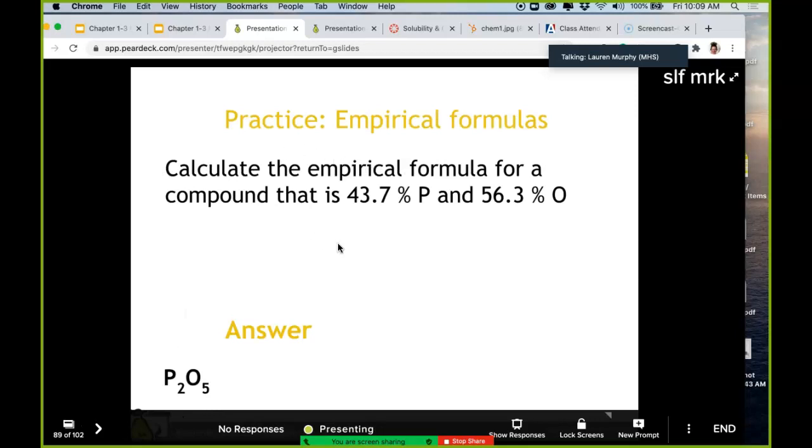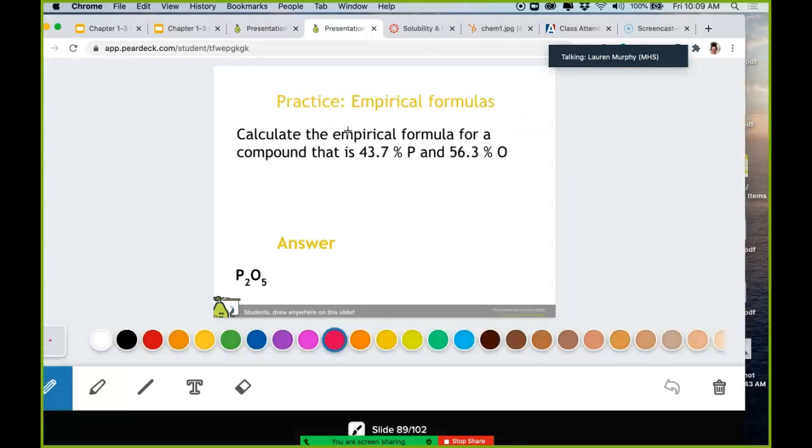Then we get into using percent composition for determining empirical formulas. So they find a compound and they realize that it's 43.7% phosphorus and 56.3% oxygen, and they want to know what the formula is. The nice thing is that we always assume, to make life easier, that we have a 100-gram sample of the compound, because that means we can just rewrite these percentages as grams.